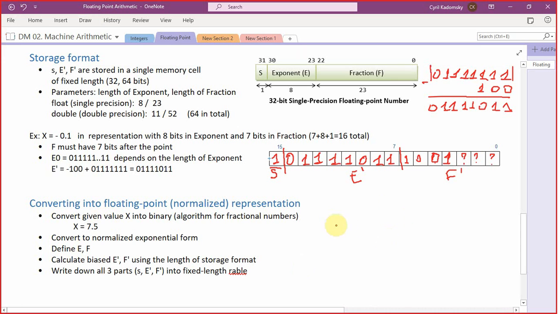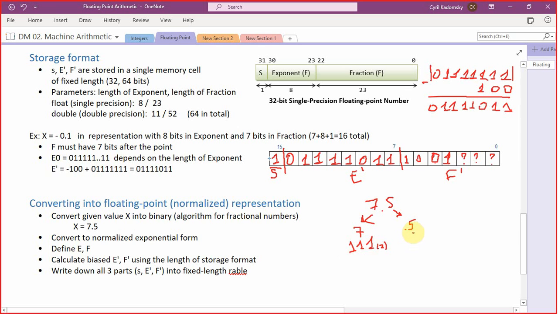If we split this 7.5 into two parts, the whole part and a fractional part, the whole part will give us 1, 1, 1 in binary. I will not do the complete steps, but you probably remember, you divide by 2 and you obtain the remainder 3 times.